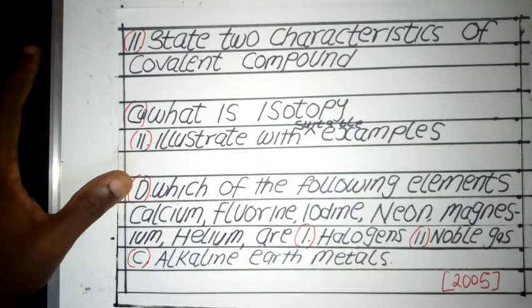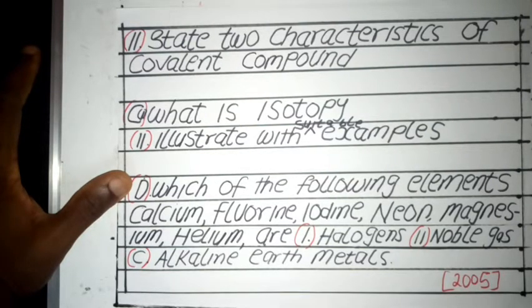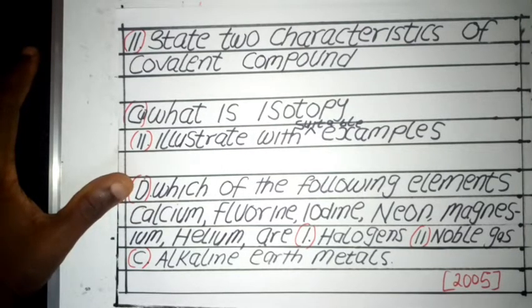They are soluble in organic solvents, and you can also say that they don't conduct electricity in solution because they don't contain ions. So these are properties, and there are other properties that you can also read up on. Remember, I said they have low melting and boiling points, they are soluble in organic solvents, and they don't conduct electricity in solution because they don't contain ions.